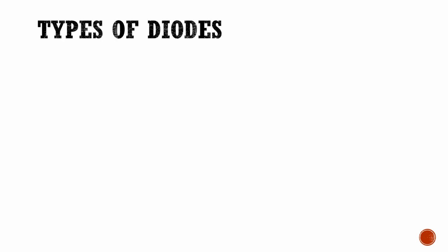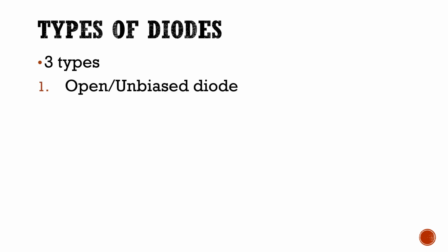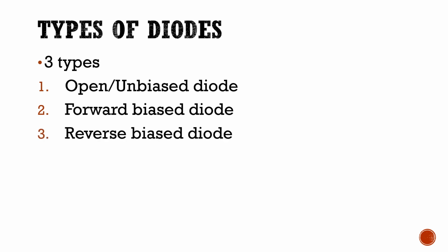Now, how many types of diodes are there? There are three types of diodes. The first type is open or unbiased diode, the second is forward biased diode, and the third is reverse biased diode. The p-n junction in which no external voltage is applied is called zero bias p-n junction.